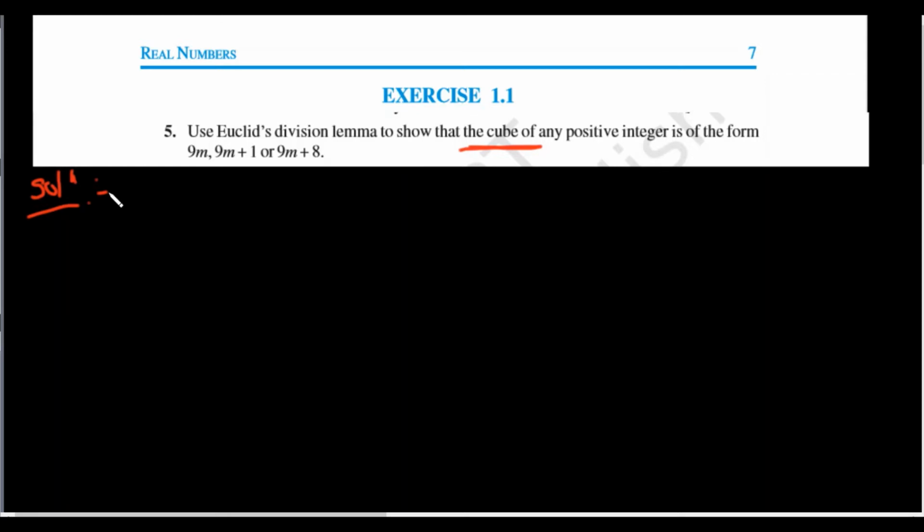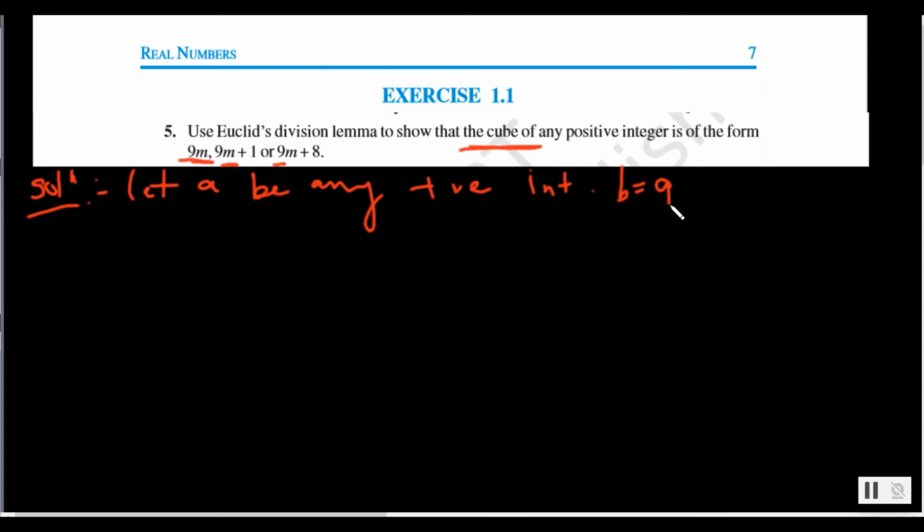As we know, the common ritual that we follow is to consider a to be any positive integer. Let a be any positive integer. According to the question, if we look closely, instead of b they have given 9, so we can consider b to be 9.